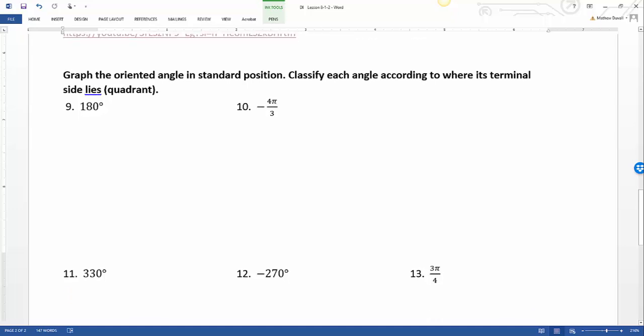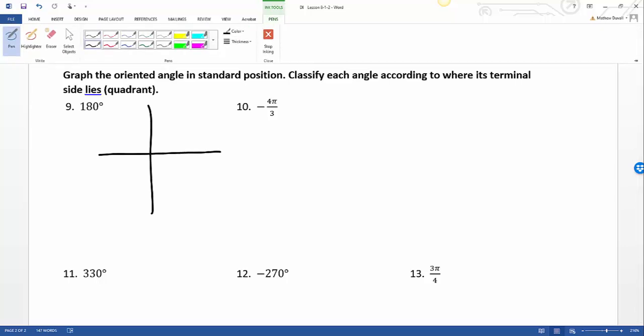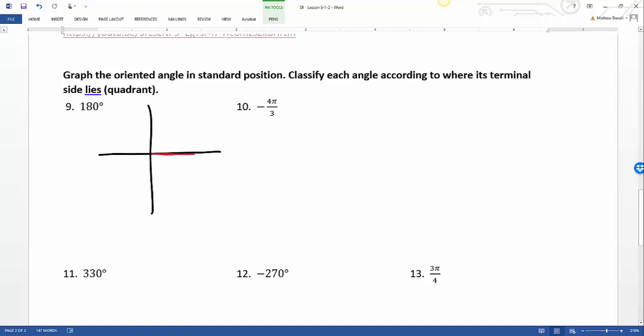It says graph the oriented angle in standard position. So in this instance, I'm going to use red. Let's rotate to here. So there's my angle. That's 180 degrees.